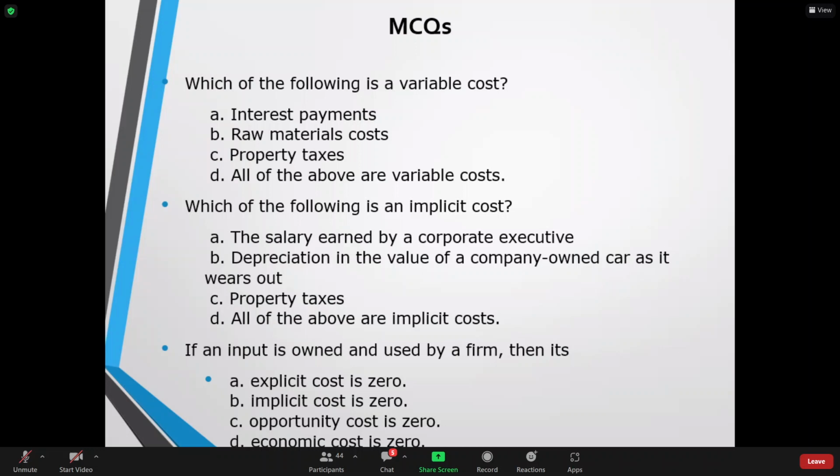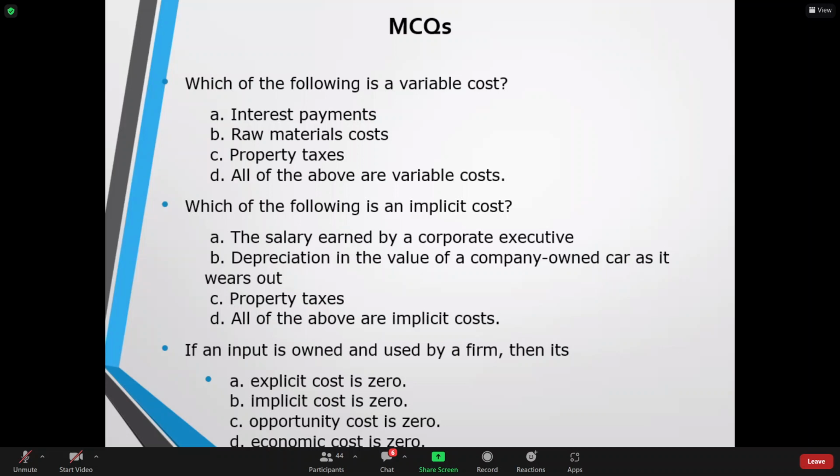One is, okay, which of the following is a variable cost, right? So interest payment and property taxes, they don't change with the production level. Those are actually the cost for the fixed input. If you have a building, you will have to pay tax, right?